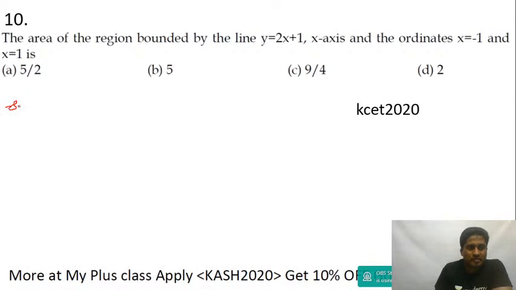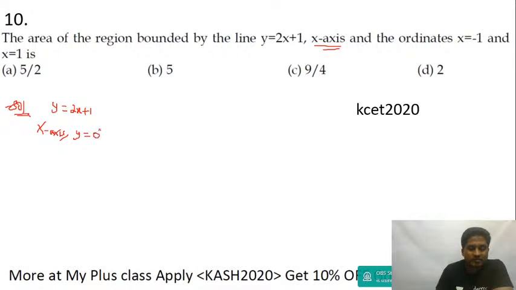So first let me plot the graph. This line is y equal to 2x plus 1. If it cuts the x-axis, obviously y will be equal to 0.